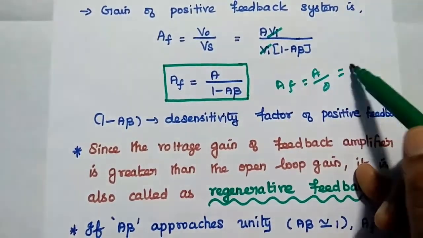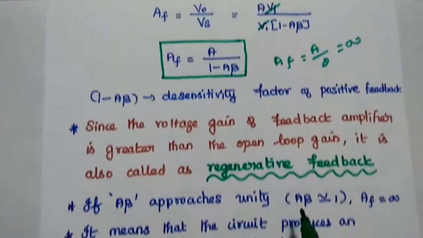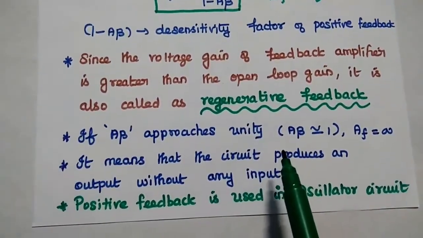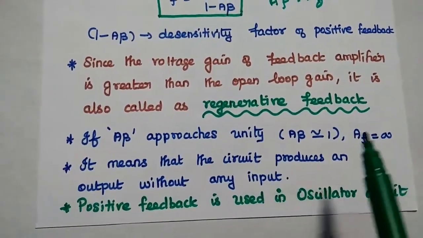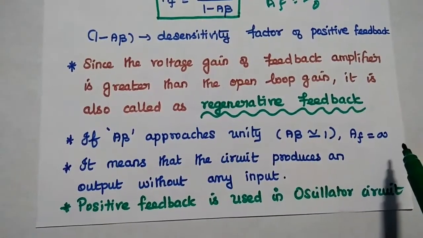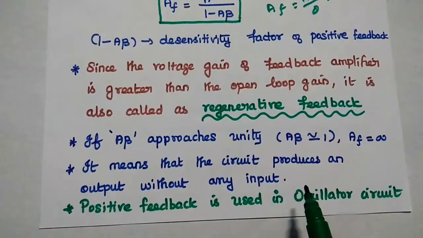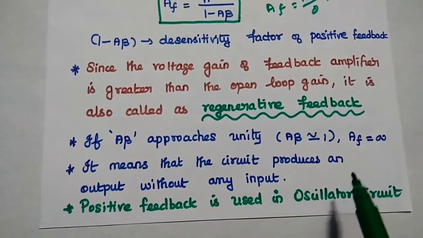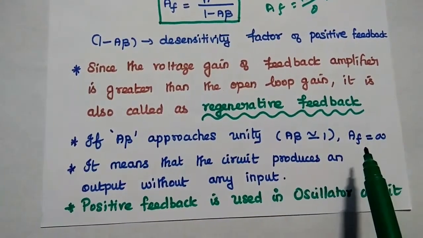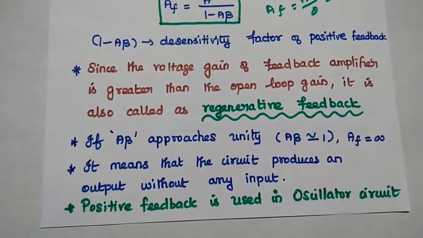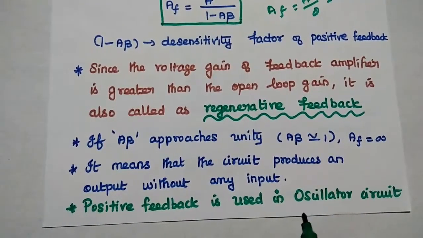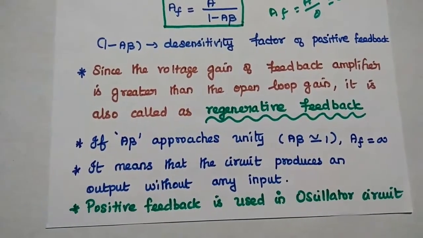Anything divided by 0 is nothing but infinite. Correct? That's what is given here. If A beta approaches unity, then AF becomes infinite. It means the circuit produces an output without any input due to this high gain. Hence, the positive feedback is widely used in oscillator circuits.